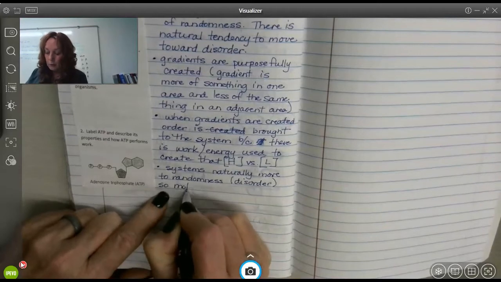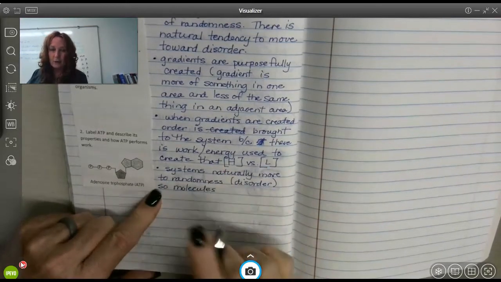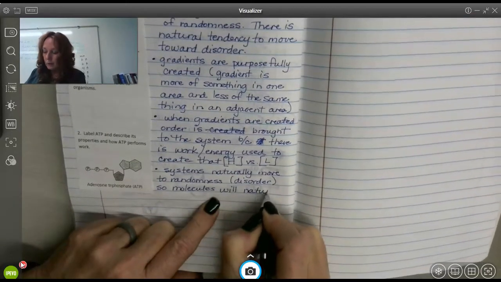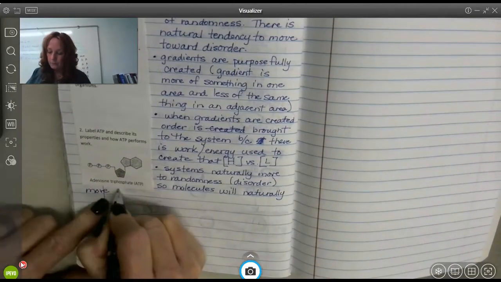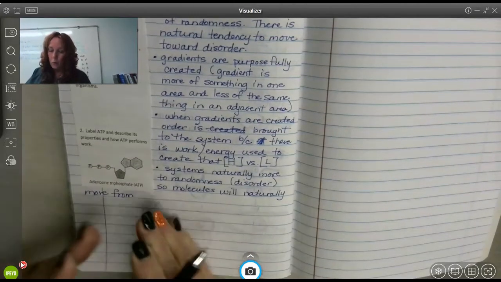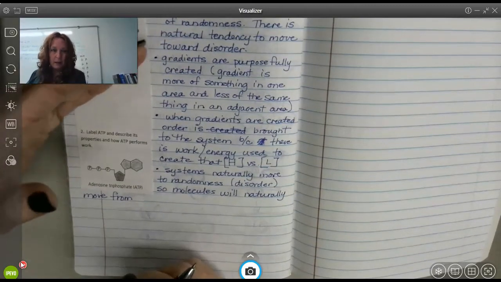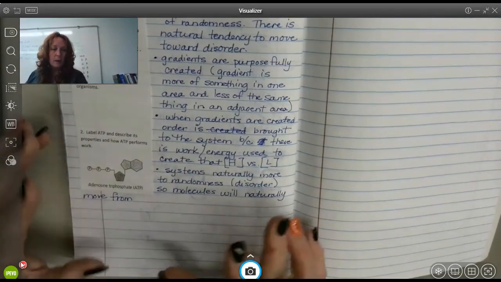So molecules following this natural pattern will naturally move from where you had purposefully ordered them in the high concentration to where it's a random amount.